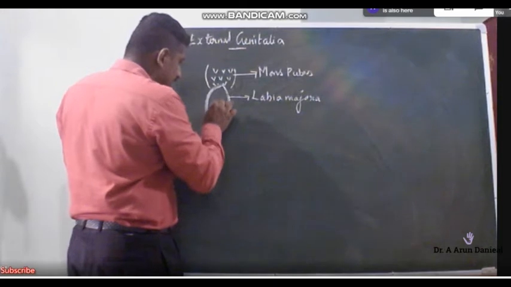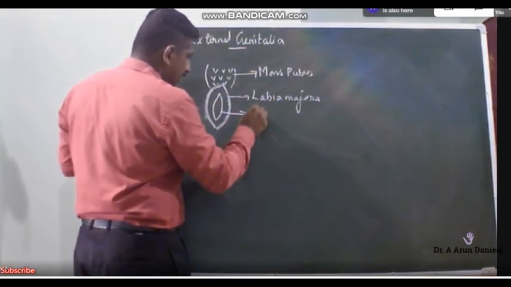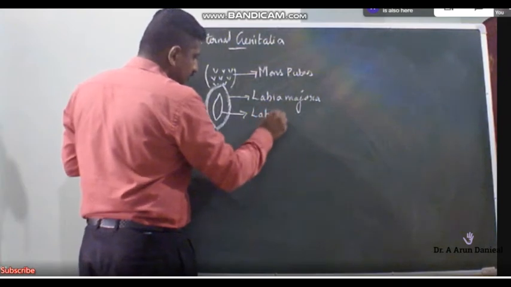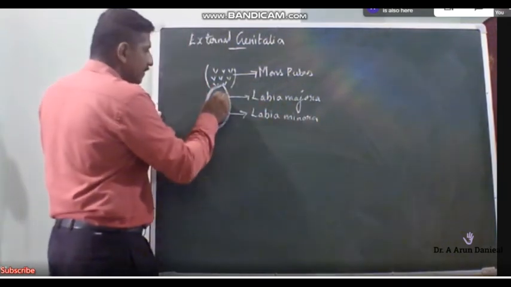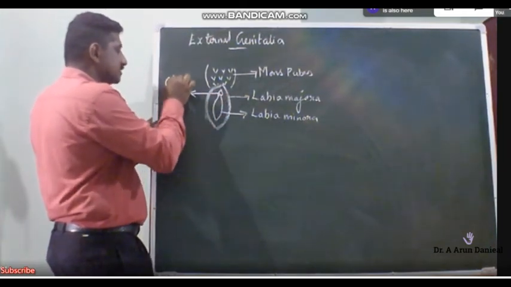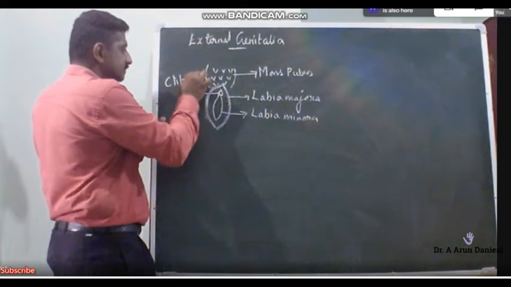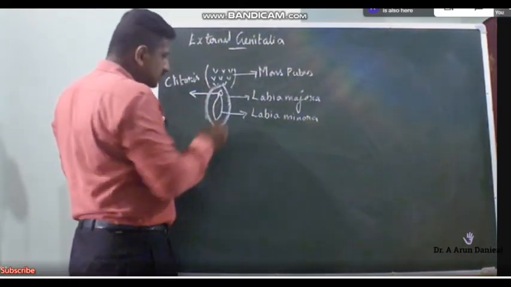Then we have another thin layered flap. This thin layered flap is called the labia minora. Above the labia minora, we have a finger-like projection. This one is called the clitoris, which is homologous to the penis.